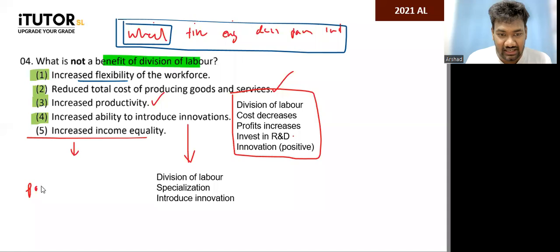Where the gap between the rich and the poor is reduced. Income equality means everyone is getting the same amount of income. So just because there is division of labor, you can say that there is no real gap between the rich and poor that is reducing. So income equality is not really getting affected. Therefore, it's not a benefit. You can argue that way. Fine. Safe, confused?